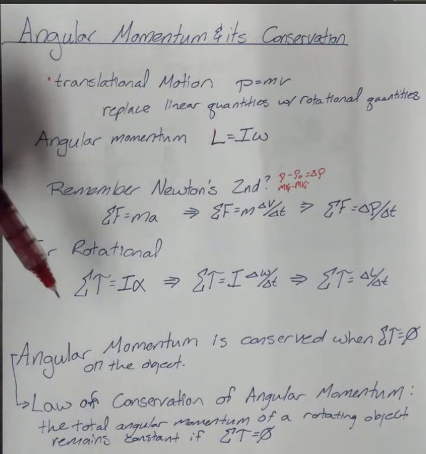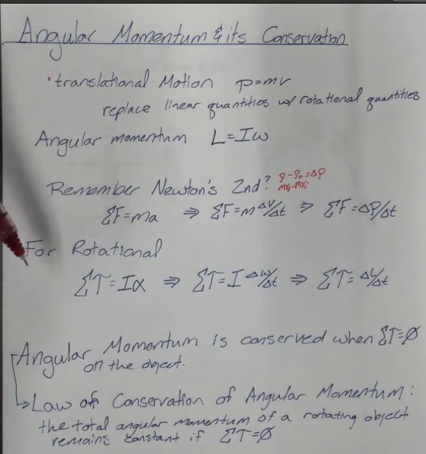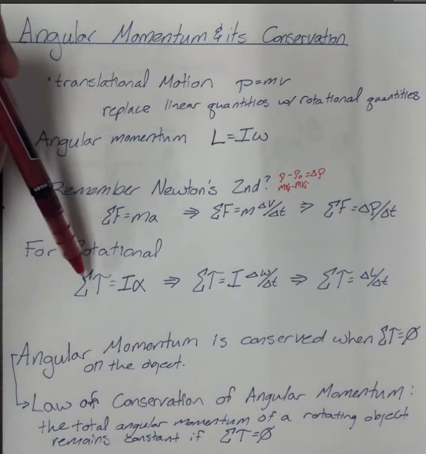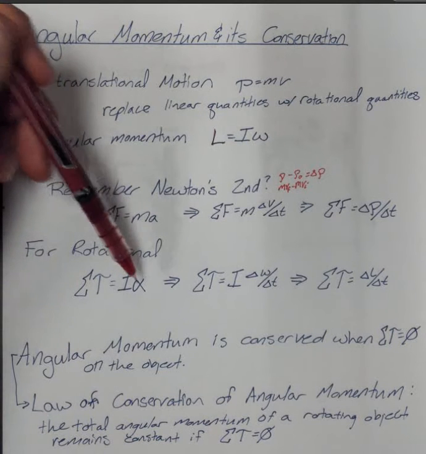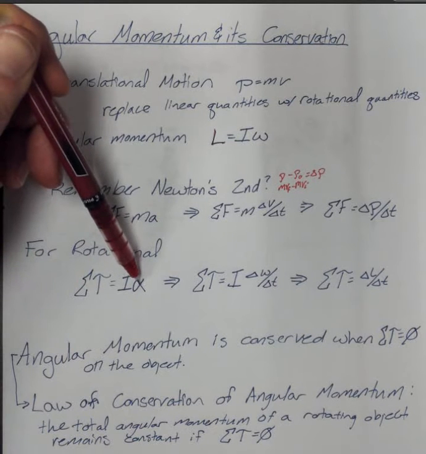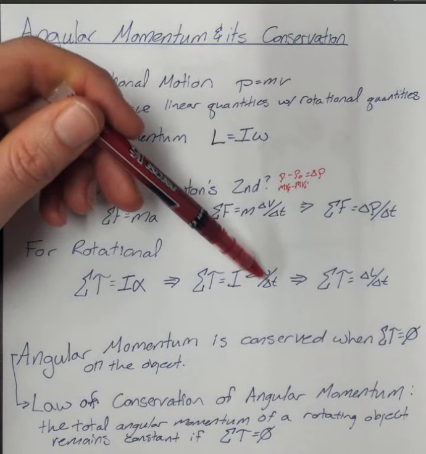Well, we can do the exact same thing for Newton's second law for rotational values. Remember, we showed that Newton's second law for rotational values is given as the net torque is equal to the moment of inertia times rotational acceleration. So again, I'm going to replace rotational acceleration with rotational change in velocity over time.